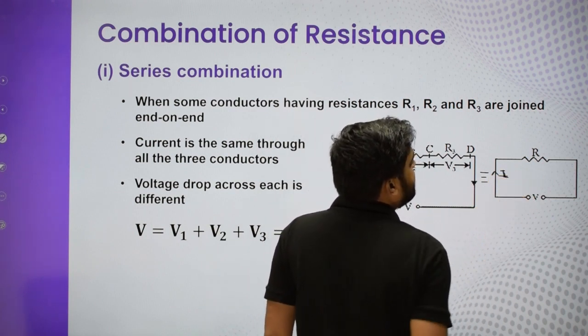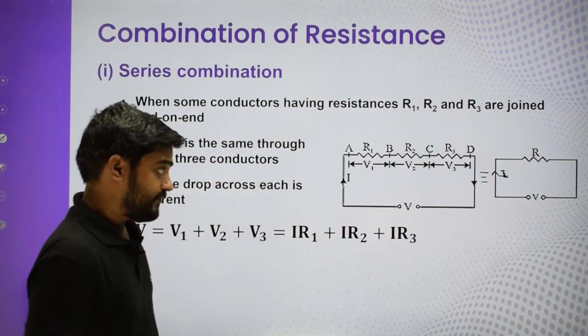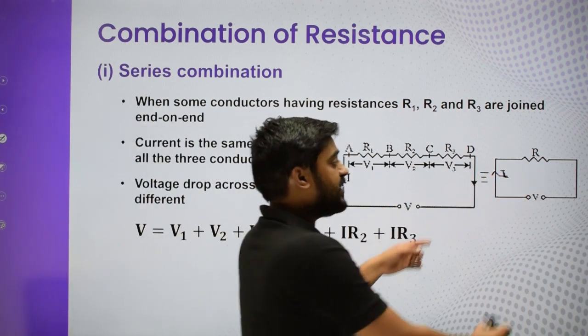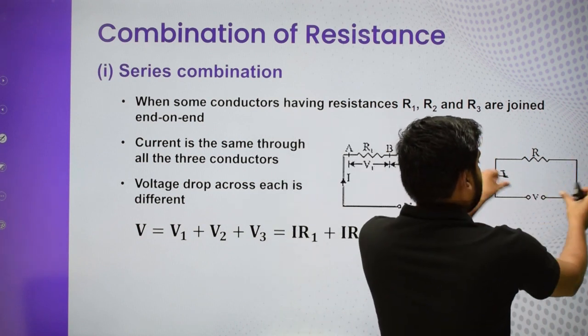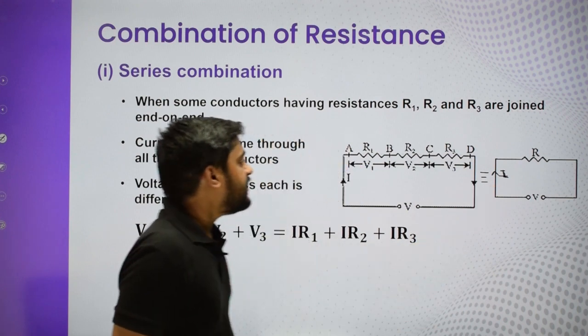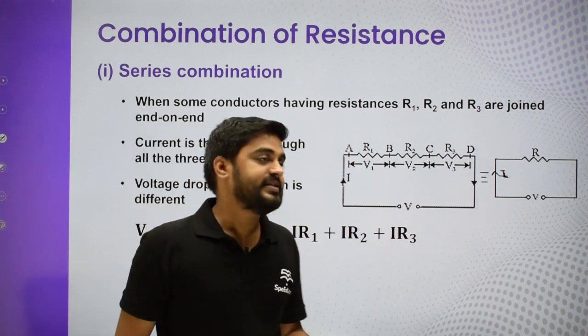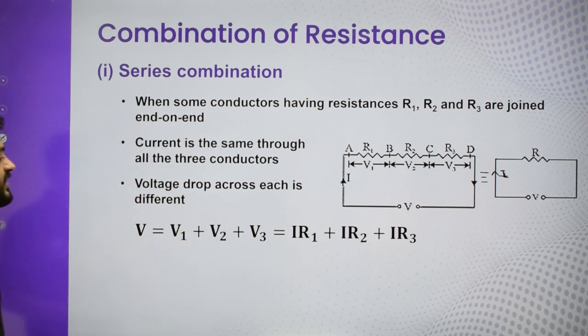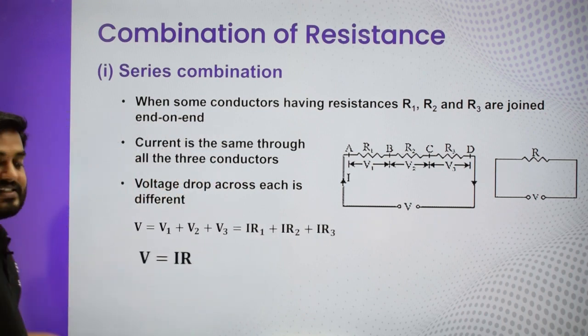So for this we can again write V is equal to I into R, because the total voltage drop across this resistance is V, and that should be equal to the current in it, which is I, times R. R is the equivalent or total resistance of R1, R2 and R3 combined when they are connected in series. So we can write V is equal to IR.